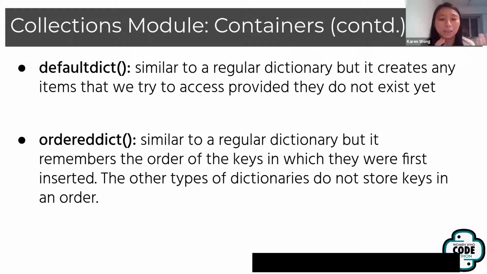Another popular one is OrderedDict, similar to a regular dictionary, but it remembers the order of the keys in which they were first inserted. So it's ordered, while other types of dictionary do not store keys in an order.